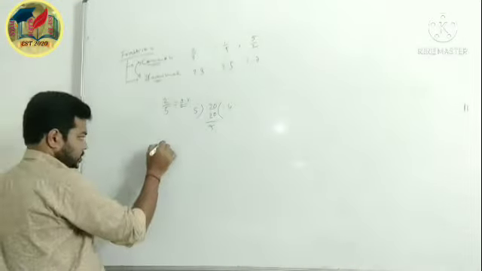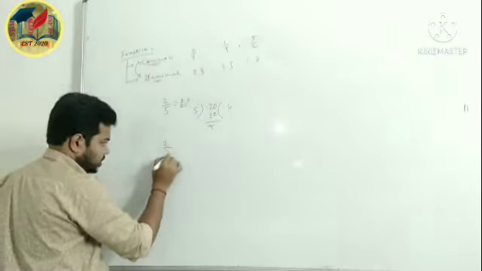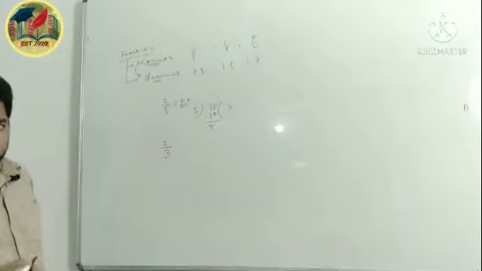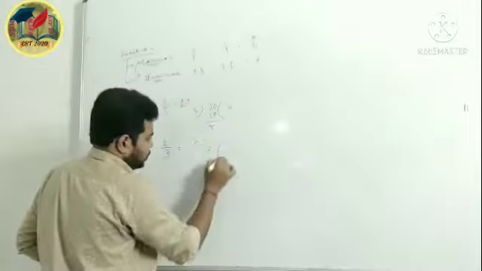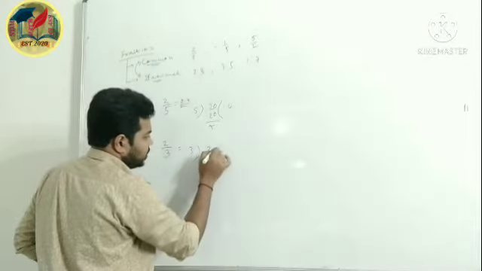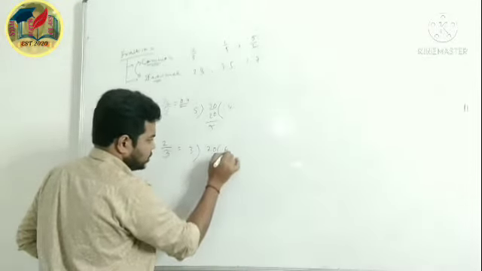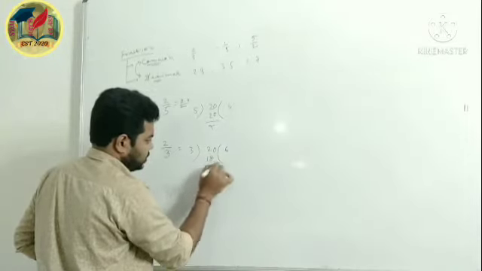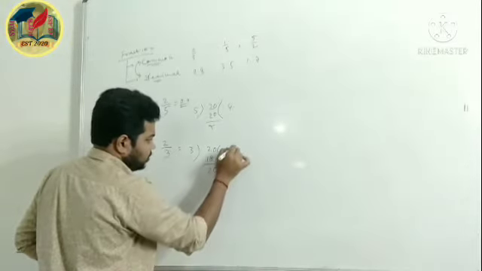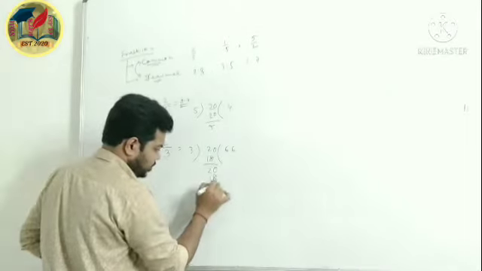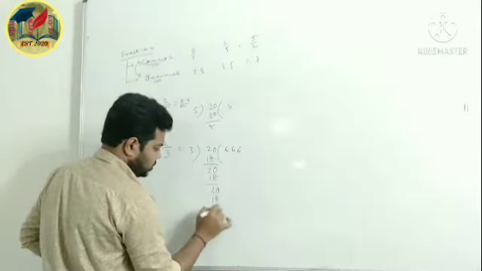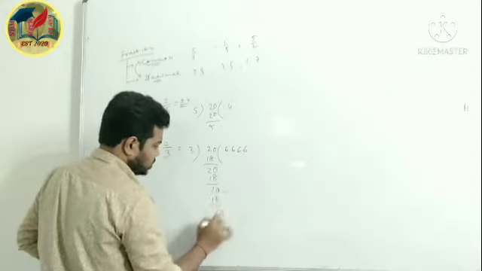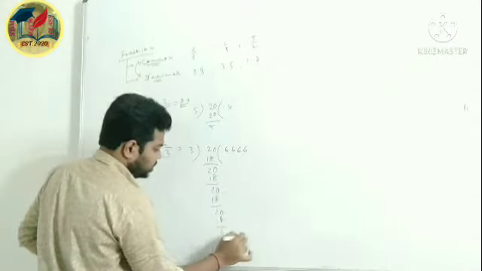Now, if we want to express 2 by 3 in decimal form, what is the value? 3 into 2, 0, 6, 18, 2, and again 0, 6, 18, 2, and so on.